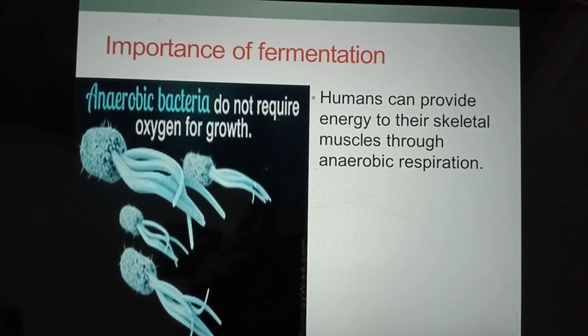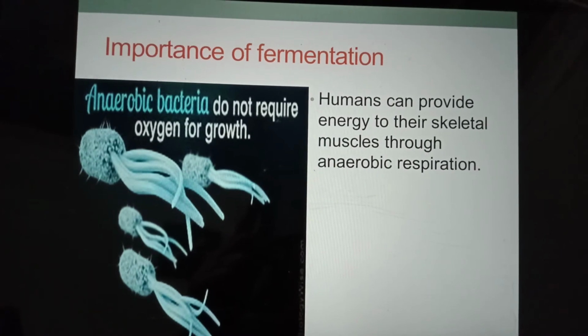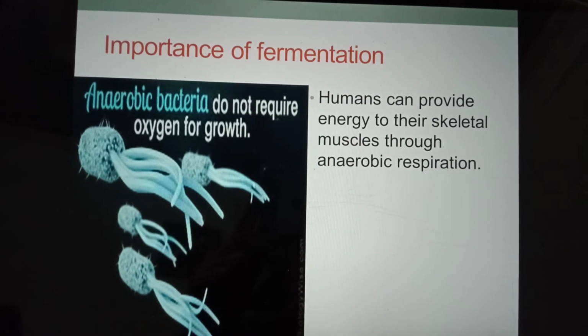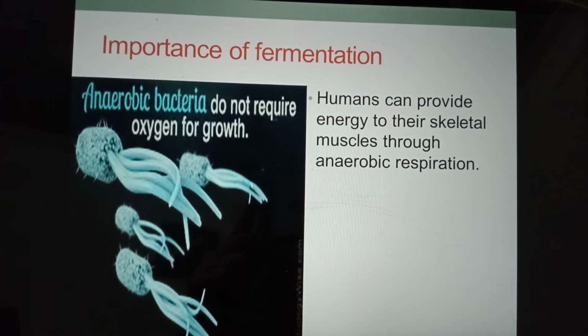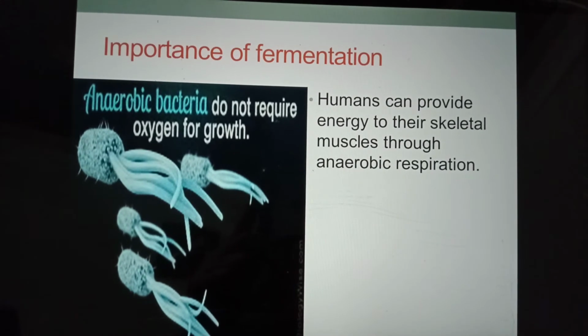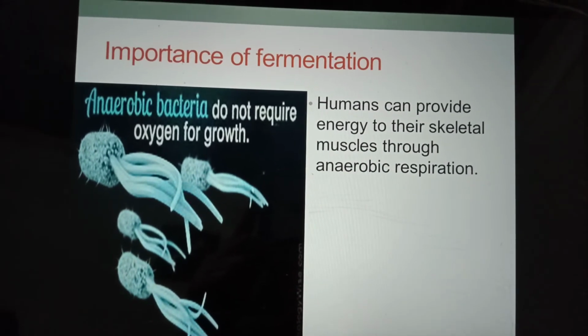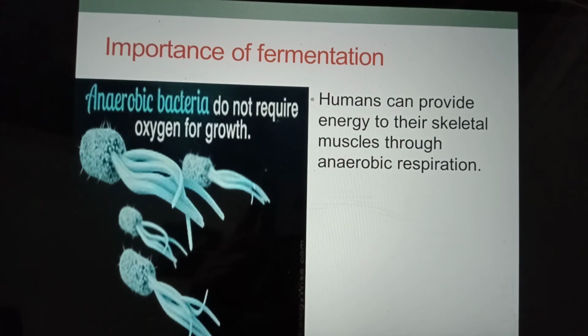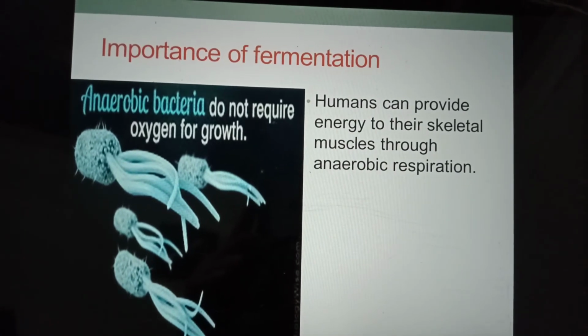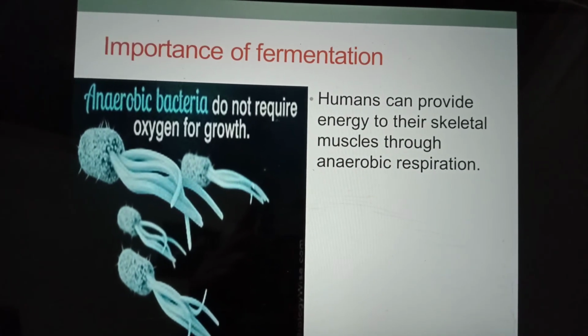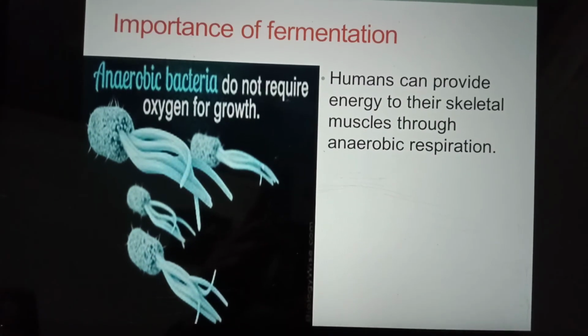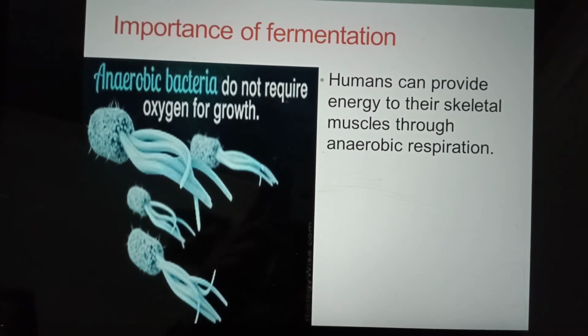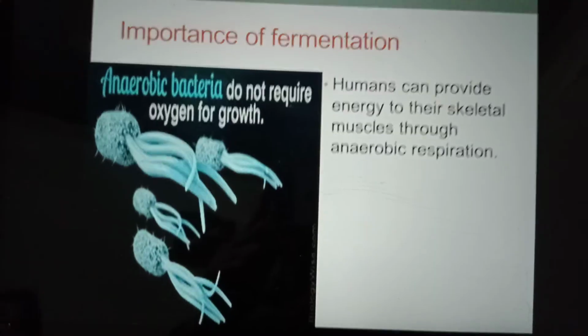Humans can also provide energy to their skeletal muscle cells through anaerobic respiration. It happens when skeletal muscles have to work hard during exercise, but oxygen supply cannot be increased to fulfill the demand. And anaerobic bacteria do not require oxygen for growth.